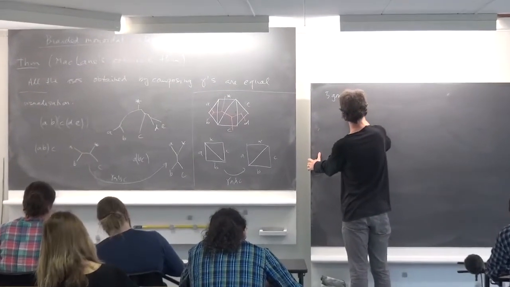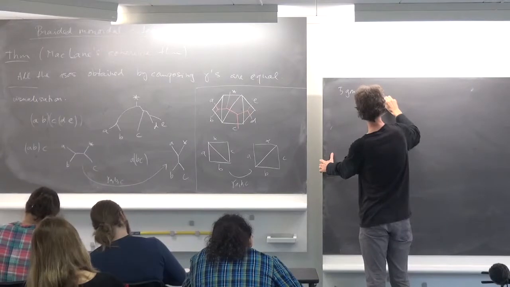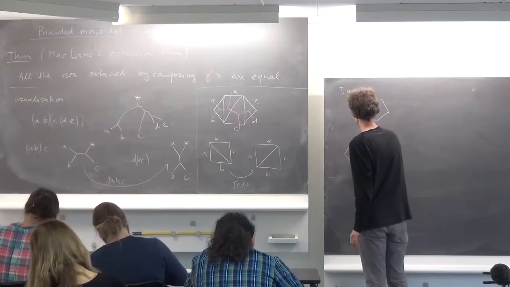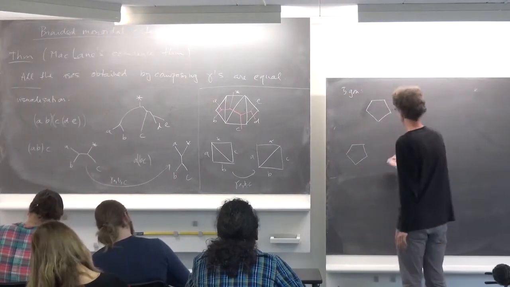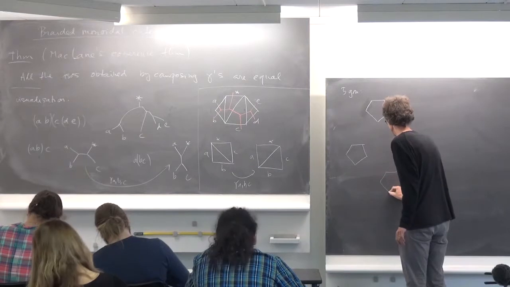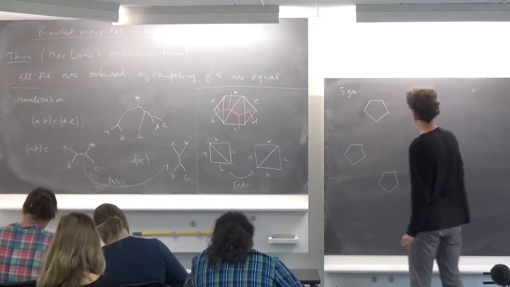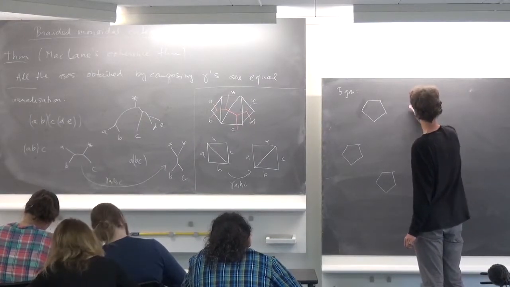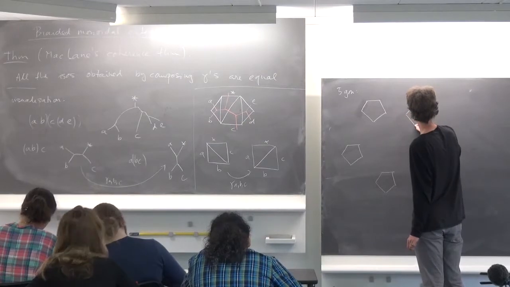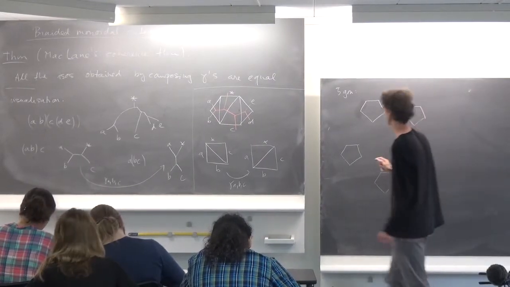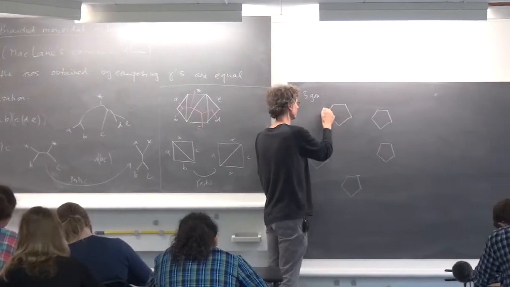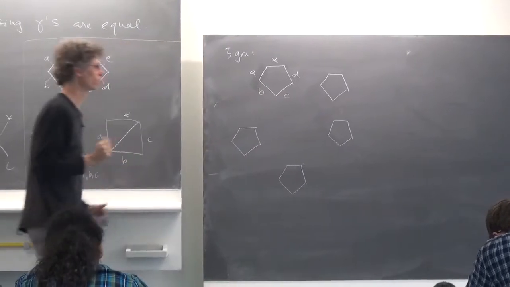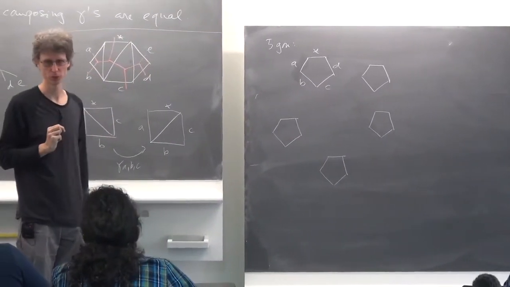Okay, that's the difficult part, to draw pentagons. So what is the labeling? Labeling is like A, B, C, D, and star. It's the same labeling on each of those pentagons.